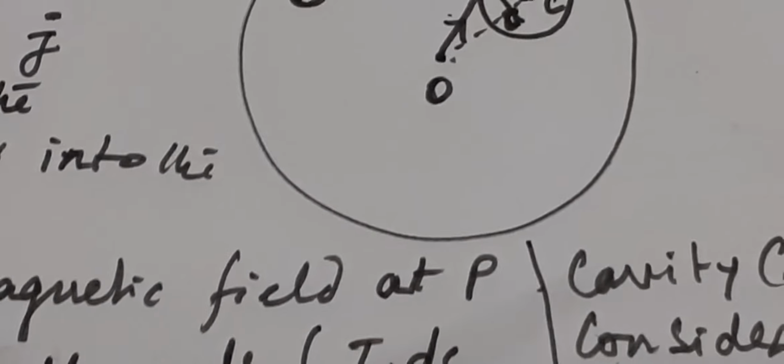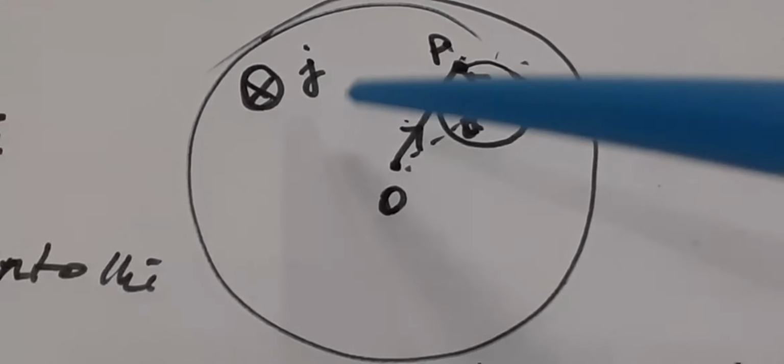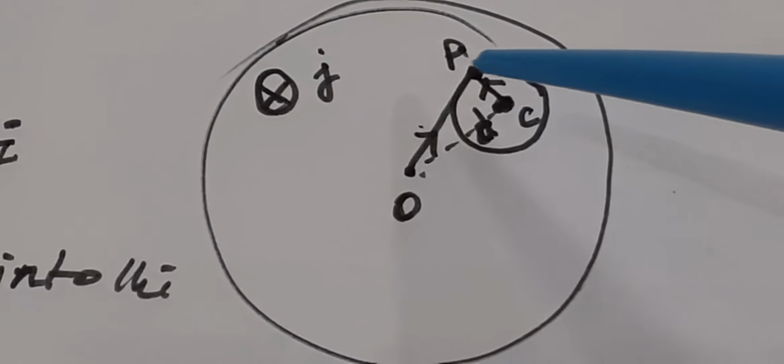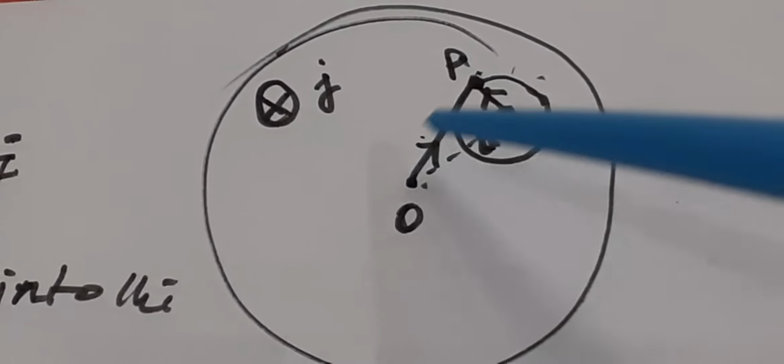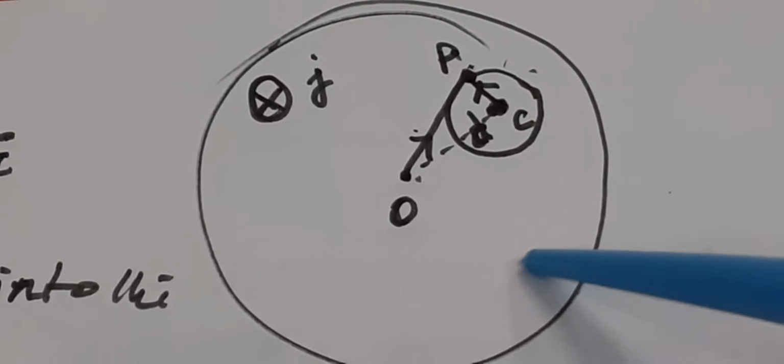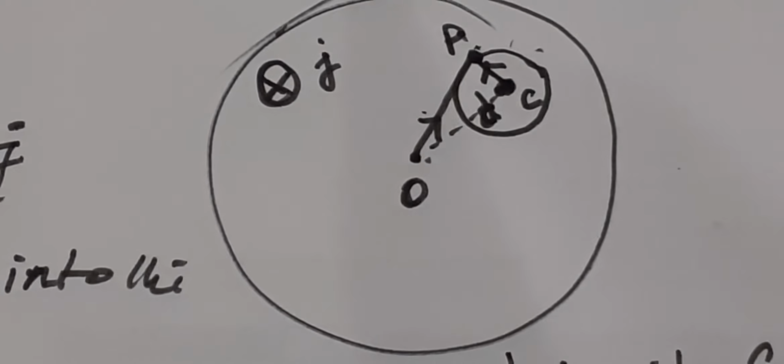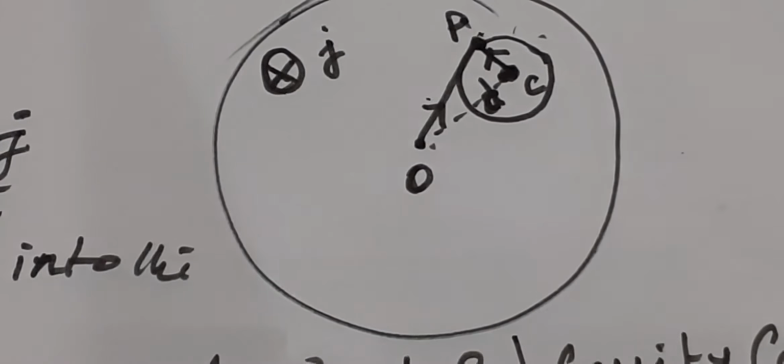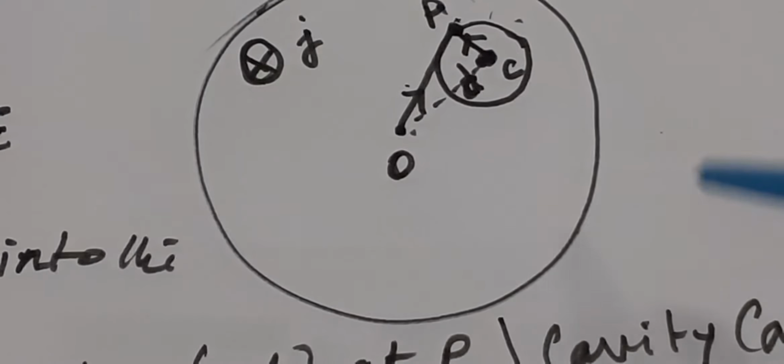J direction is downwards, cross OP vector radially out. So J cross OP vector will give the tangential direction.